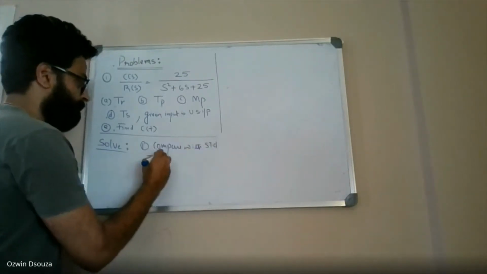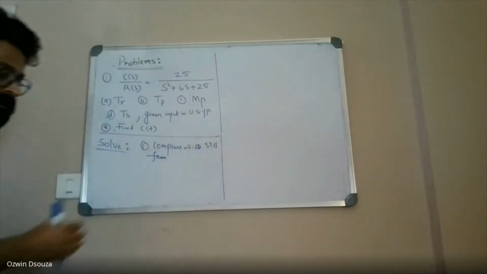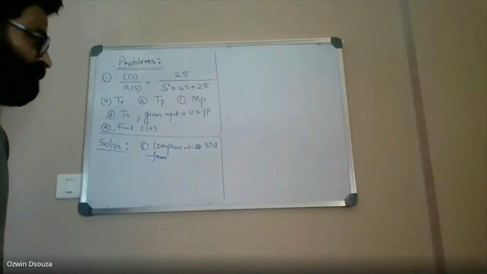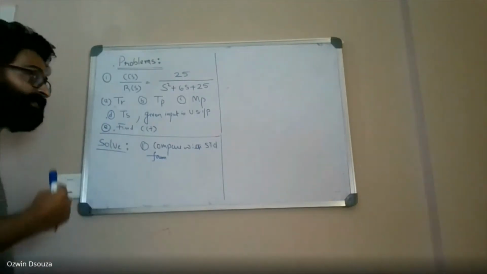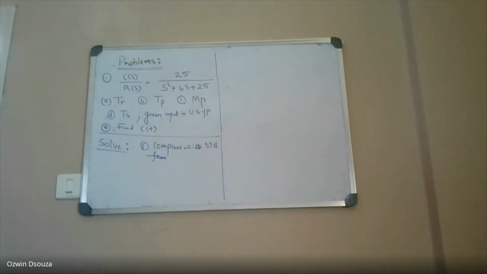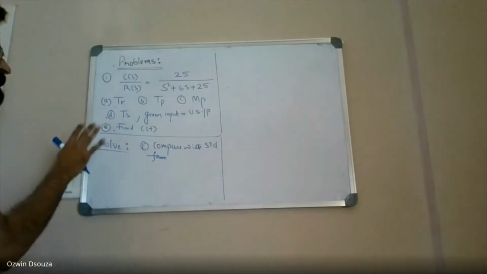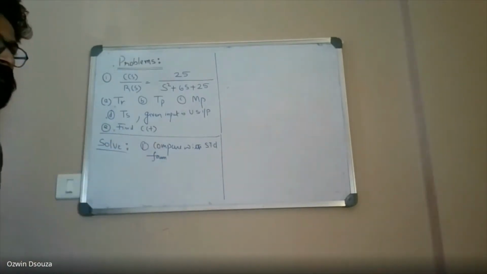This comparison is very, very important. As we solve more and more problems, you'll understand that the standard results may not be applicable in all cases. Only if the given function is in standard form is it applicable.